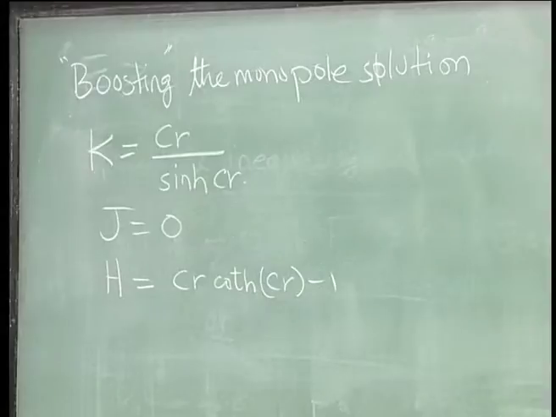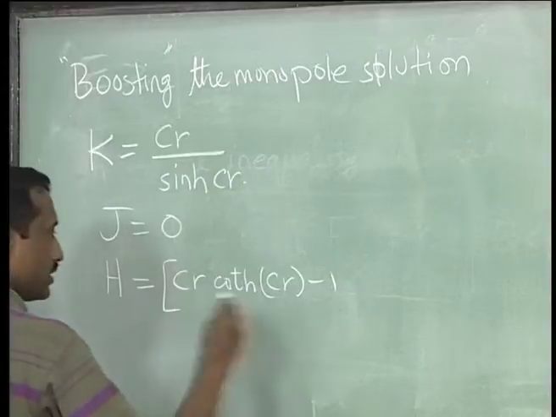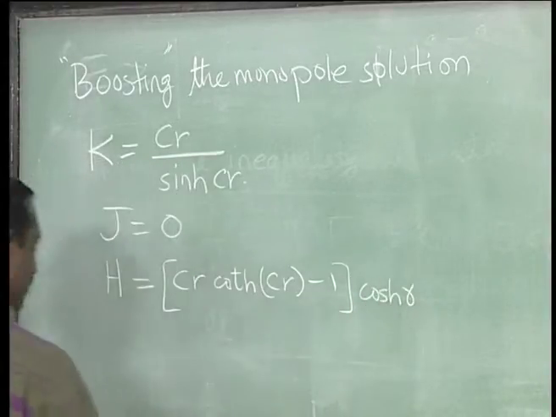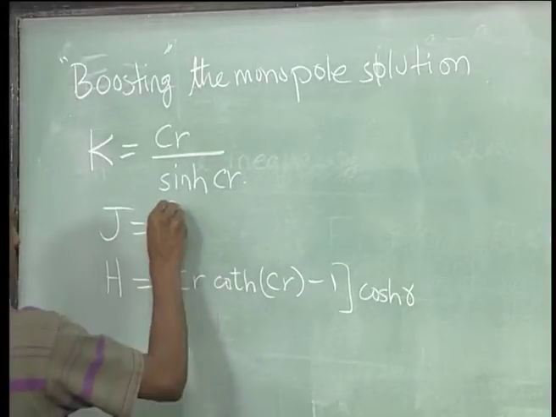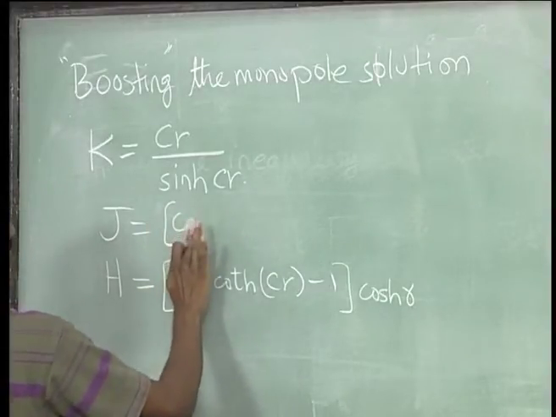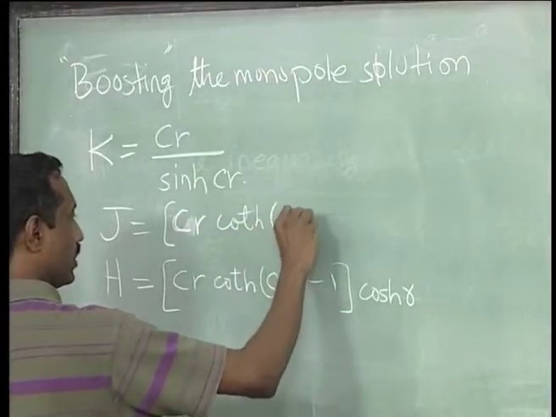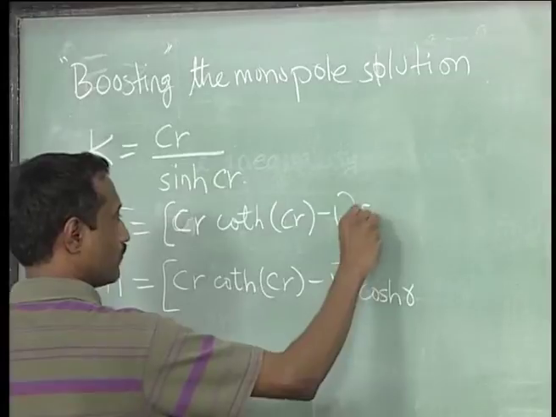so two lectures ago we had written out this thing. At that time we did not have a j, and so now if we just boost it, k will remain the same, and all we have to do is multiply with some cosine hyperbolic gamma, and this should be the same object, C r cot hyperbolic of C r minus 1.